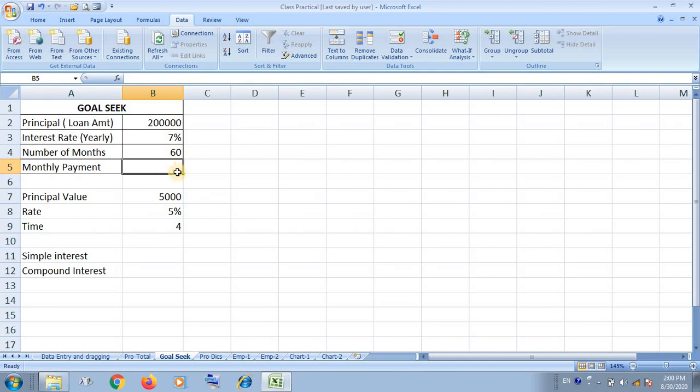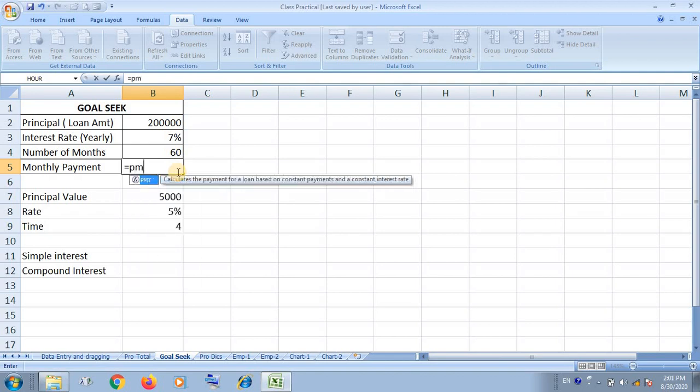through Goal Seek. Here I am using the PMT function for the calculation of the term amount. You are looking here at rate. I have given the cell address of rate here, and number of periods 60, and PV, present value, I have given here 2 lakh. I have closed the bracket and entered.